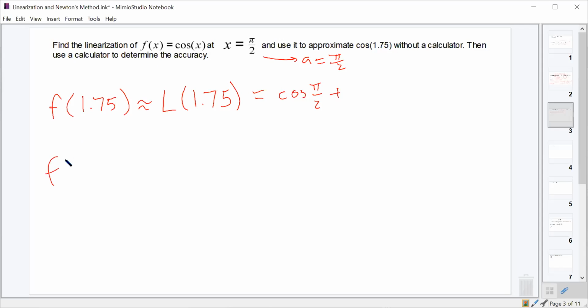So what's f prime of x? Derivative of cosine is? Negative sine. So we're going to have plus negative sine of pi over 2 times our x value, which is 1.75, minus our a value, which is pi over 2. Good or no?